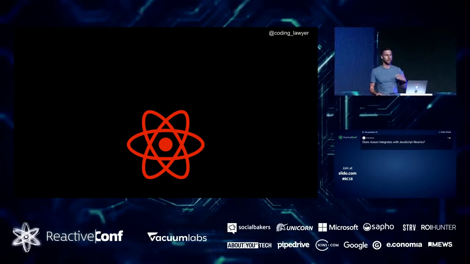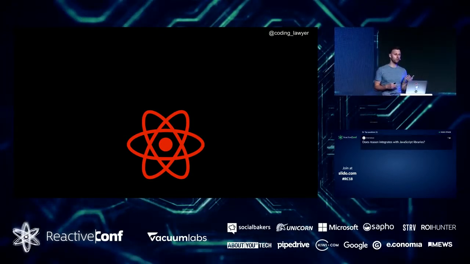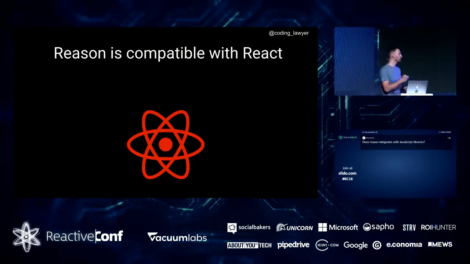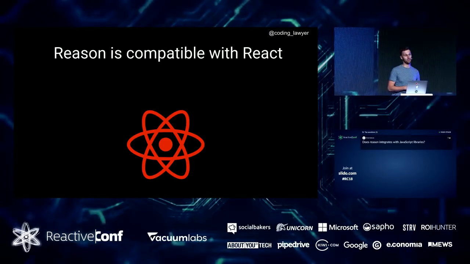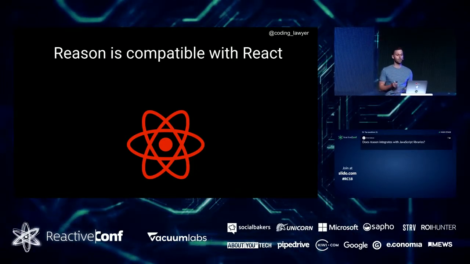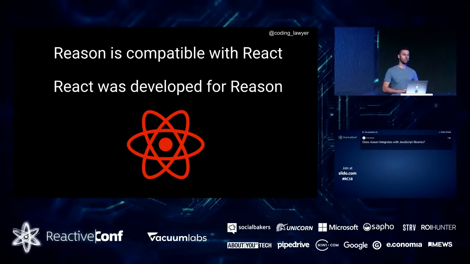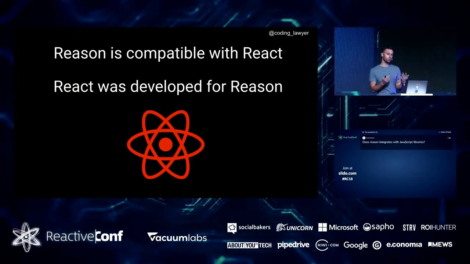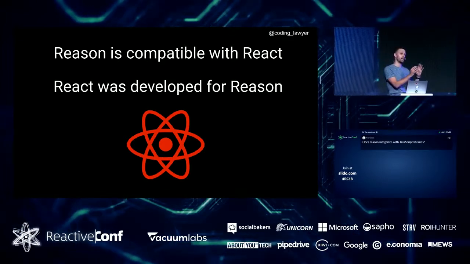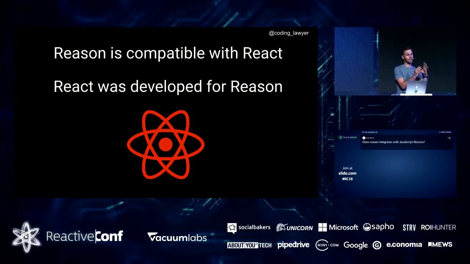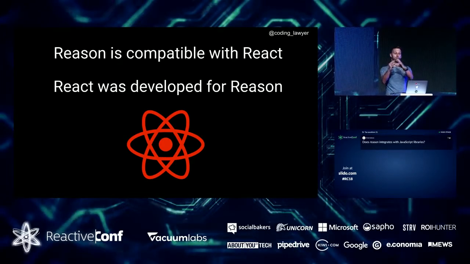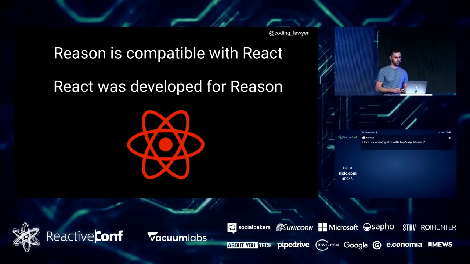Maybe you are now thinking, why should I use React in Reason? Well, we've already mentioned that Reason is compatible with React. And why is it compatible? Because React was developed for Reason. More specifically, it was developed for OCaml, because first React's prototype was built in Standard ML, cousin of OCaml, then it was moved to OCaml and transcribed to JavaScript.